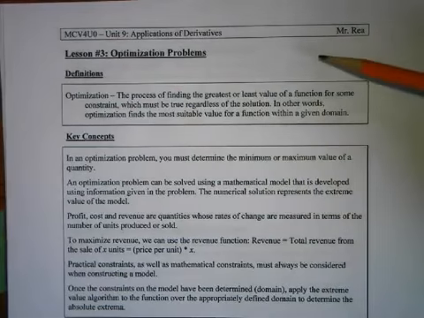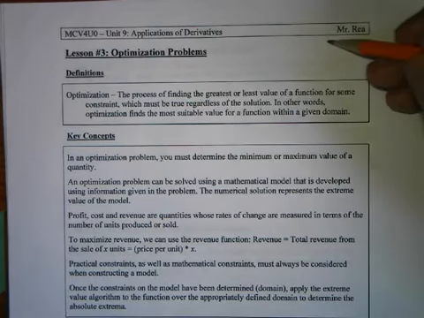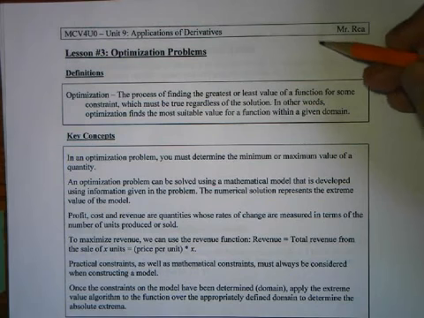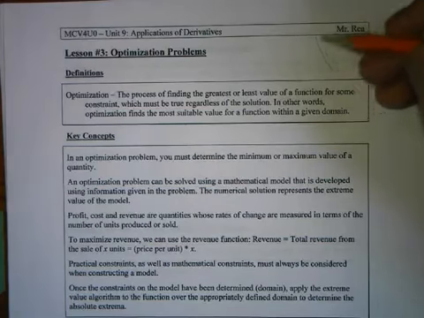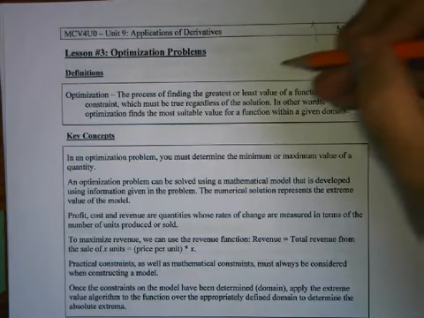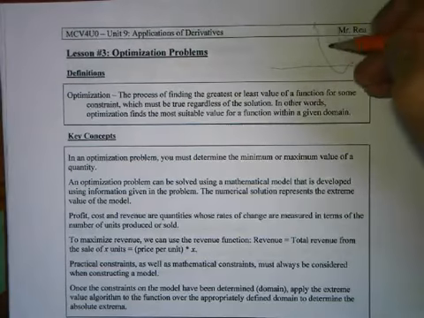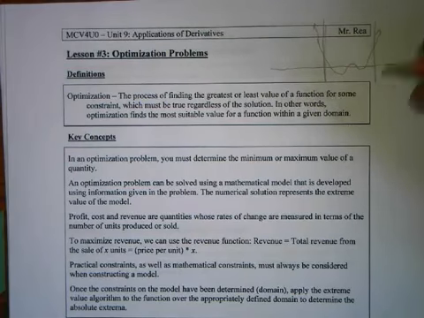If you remember, last time we did maximum and minimum values over an interval. Say you had some kind of function like this, and the function keeps going in all directions, and you wanted to find the local min or the global min and max values between, say, there's your x-axis, that value of x and that value of x.